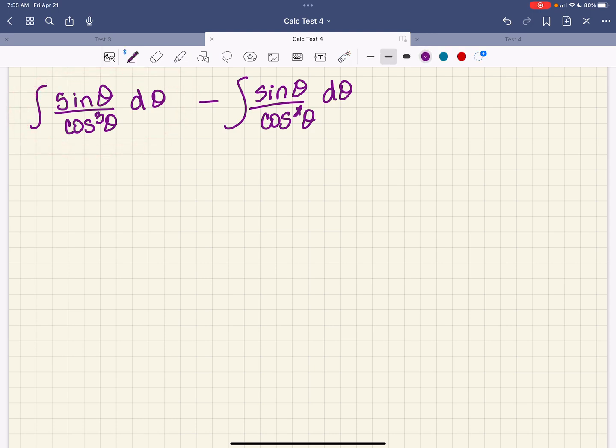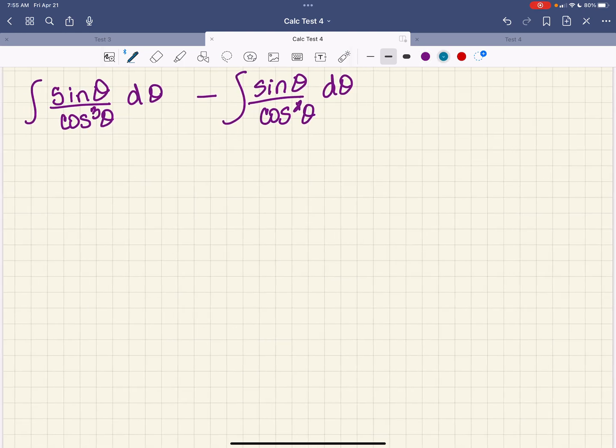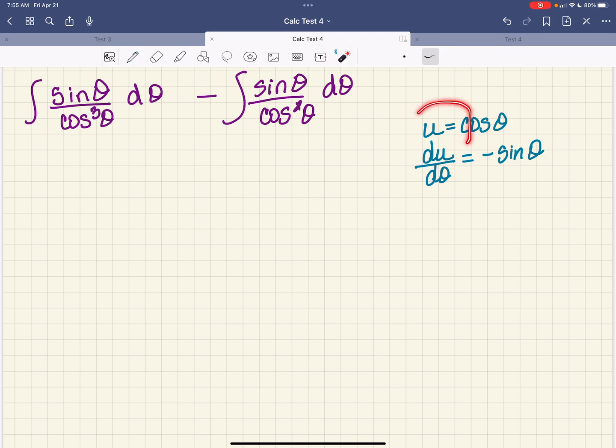So for just this part, I am going to have u be cosine of theta. Okay, now the derivative of cosine of theta, okay, so du d theta is negative sine of theta. Okay, now the antiderivative of cosine of theta is just sine, but we've got to take the derivative here. So be careful there, because if you lose your negatives, that's one of the things that we got to work on. So this is going to be du over negative sine of theta equals d theta.